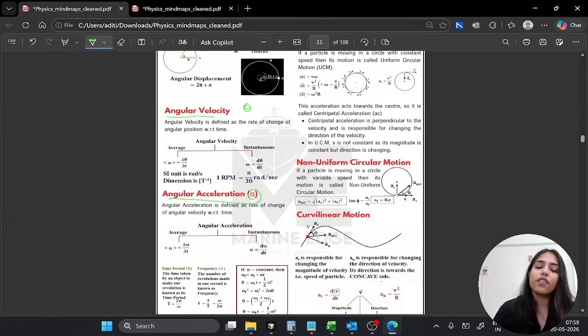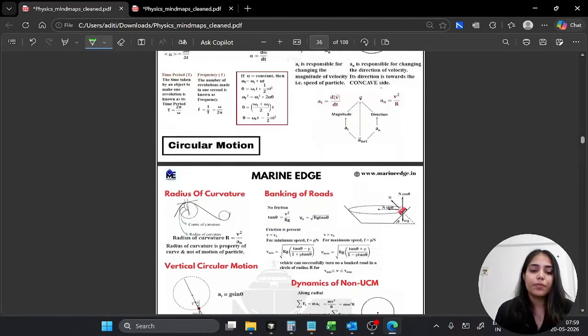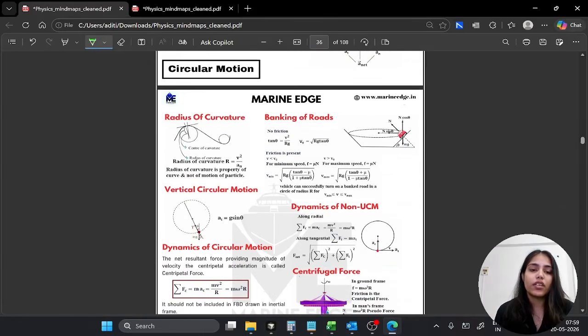Okay, next we have curvilinear motion, a motion in which we have velocity and theta. The motion isn't happening at a particular angle. Okay, now moving forward, radius of curvature. When we talk about any curvilinear motion, a motion like this, if you draw a circle here, this is the radius of curvature, okay?